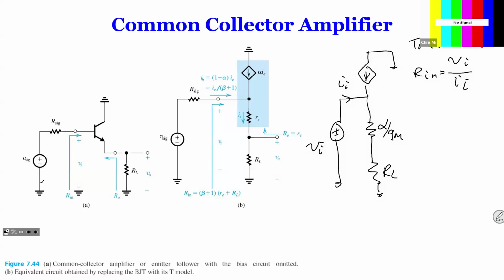You guys notice one important thing: the voltage across these two resistors is the same as the input. So we can find the current, which we call IE. IE equals VI over alpha over GM, or for accuracy, 1 over GM plus RL.